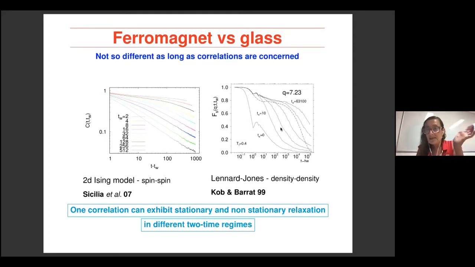In this case, you don't see any kind of local order developing, but you have these arguments about caging that can be used to explain the approach to a plateau here, and then the structural relaxation that makes the curves deviate and relax further from the plateau and have the waiting time dependence appearing.